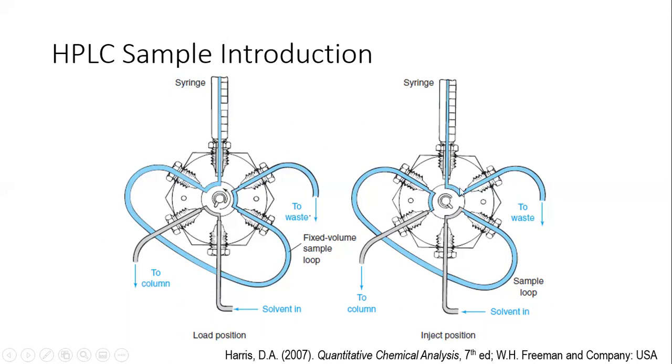So mapupush na siya ng mobile phase ng solvents going to your column. Okay? So again, kaya merong loop injector, that is due to the high pressures that is used in your HPLC system.